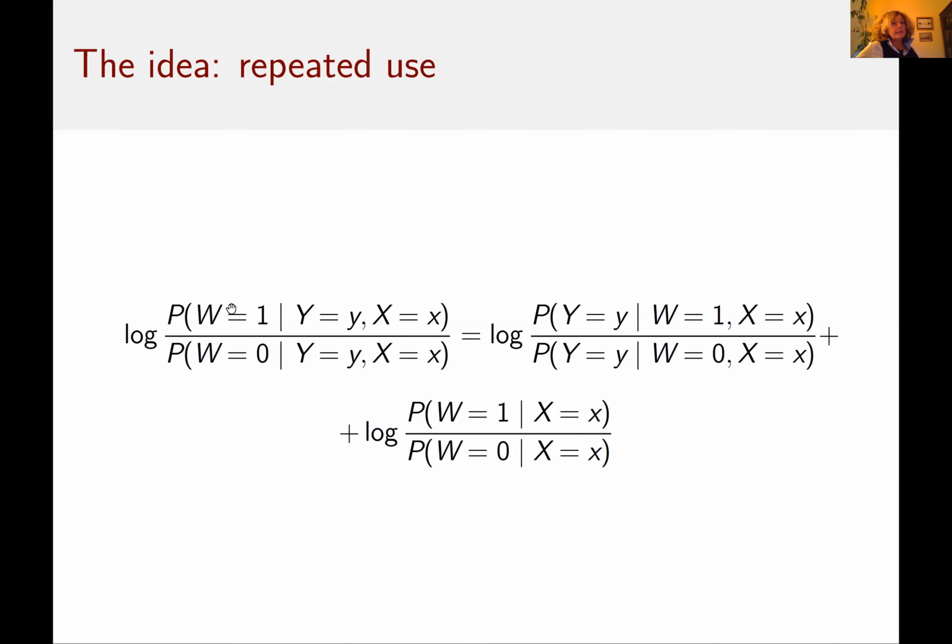Well, by repeatedly using the previous derivations, this time applying them to the w variable, because I assume that w is binary once again, and so I can use it again. And this is the original model, the outcome model, and here you have the marginal model. So here you have a logistic model for w, depending on y and x, which is a function of the original model, and this is also a function of the original model.